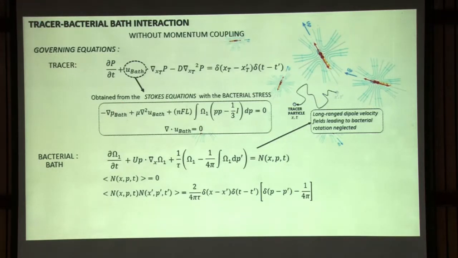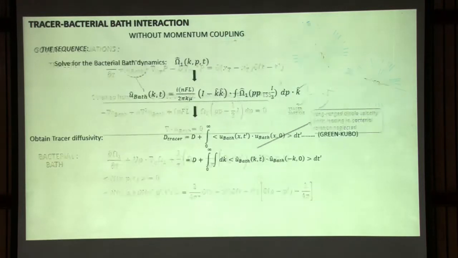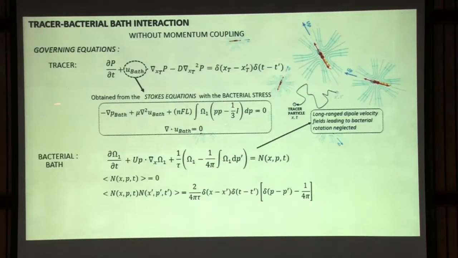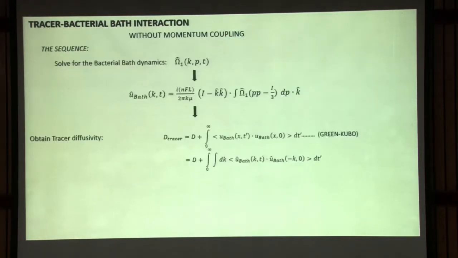Now, this is done so that we make sure the approach gives us the answer that we already know from the microscale approach. This is in principle straightforward. That's just the Stokes equation. The novel part comes from solving the bacterial bath, and you can do that. So this is what I just said in equations. I solve for the bacterial bath dynamics.